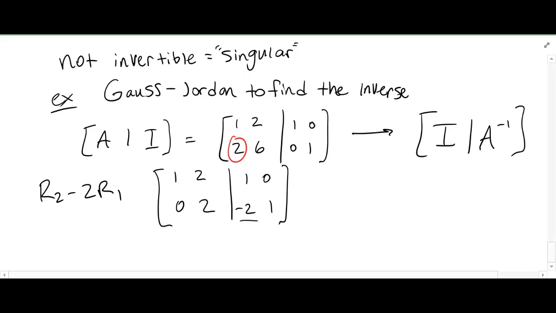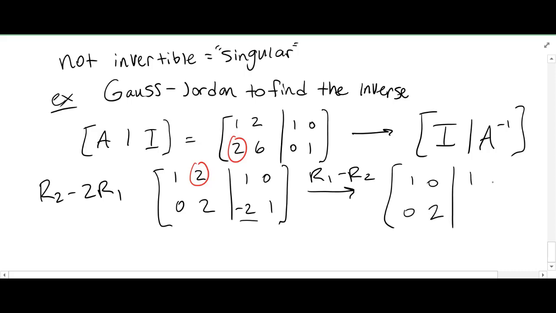Now we want this 2 to be a 0, so we want to do row 1 minus row 2. And then on the side we'll get negative 1. And this entry will change. It'll become a 3. 1 minus negative 2 gives you 3.